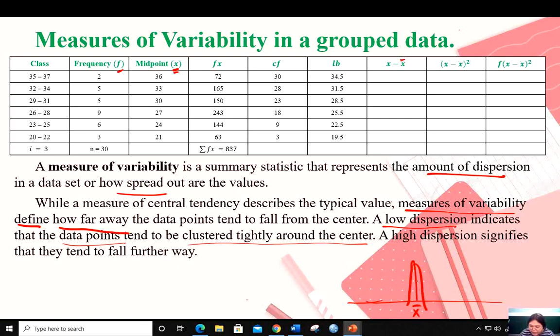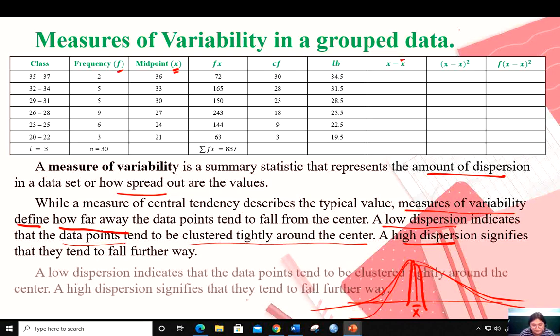Malapit lang yung data. Pero, pag sinabi nating high dispersion, sabi dyan, they tend to fall further away from the mean. Ibig sabihin, pag high, mas lumilihis. Nakukuha po? Mas lumilihis siya, class. Okay po. Ibig sabihin, yung data mo nakascatter, malayo siya kay mean.